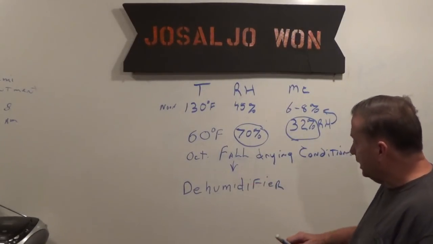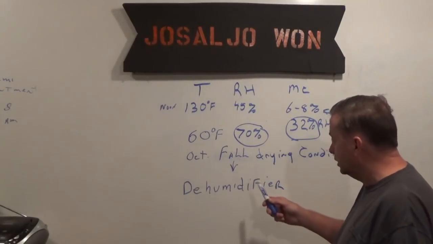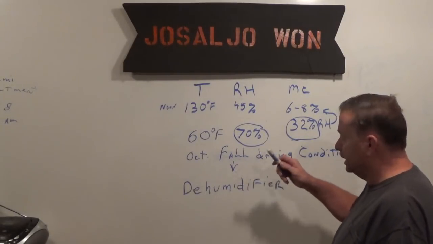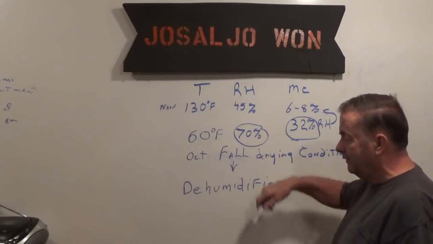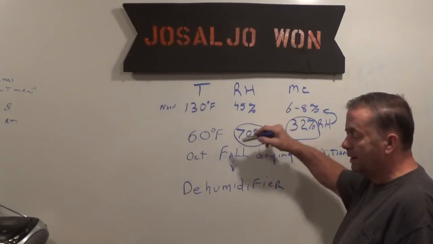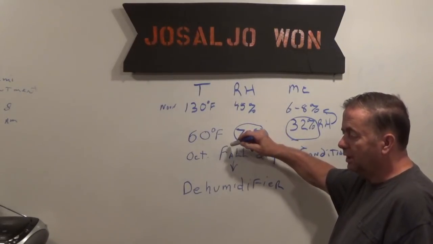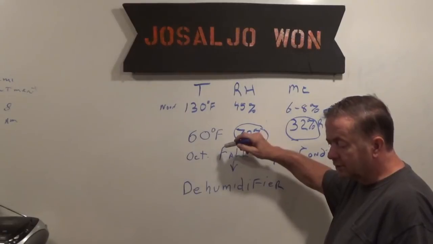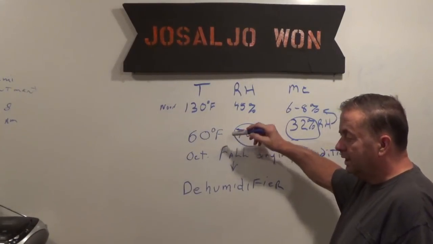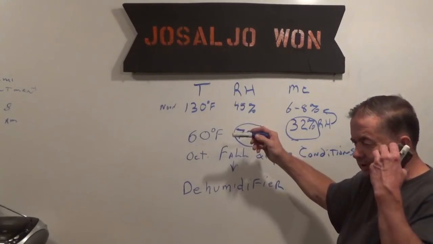But anyway, getting back to the fall, because fall drying conditions are lower than in the summer, you put the dehumidifier in, you leave it run, and try not to open your kiln. Have it filled, and then see what the relative humidity does at all temperatures. I would say the best time to check it is at noontime. My kiln starts to run at 7 o'clock in the morning. Check it at noontime, and then check it maybe 7 o'clock at night, right before you'd go in the house because it's dark.